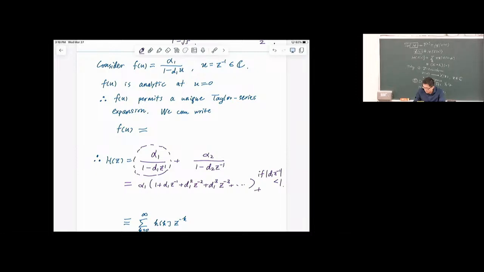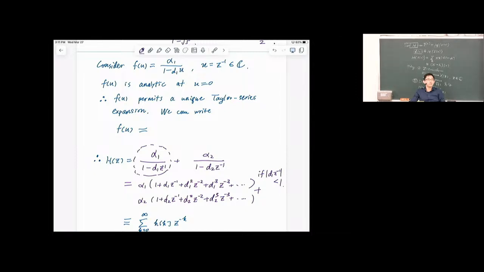And similarly, for the second term, we have alpha 2 times 1 plus D2 Z inverse, D2 squared Z to the minus second power, and let me write one more term, D2 to the third power Z inverse cubed, and so on. Again, this is the reverse way of expressing the geometric series.